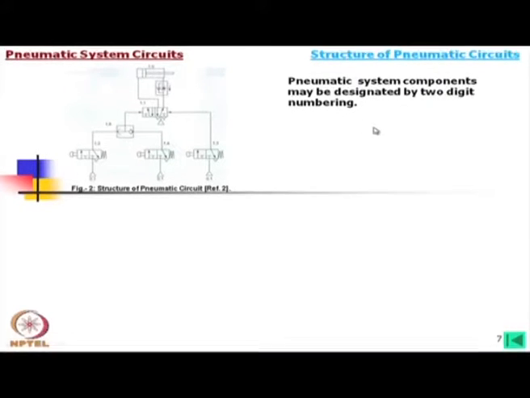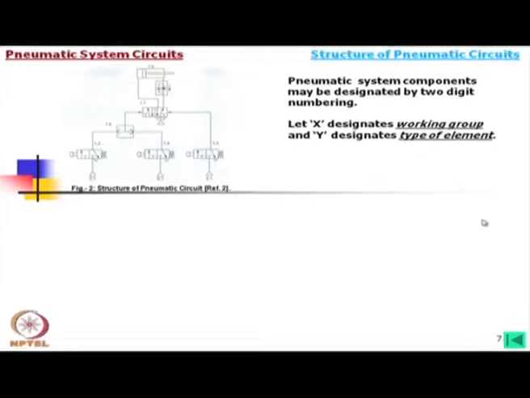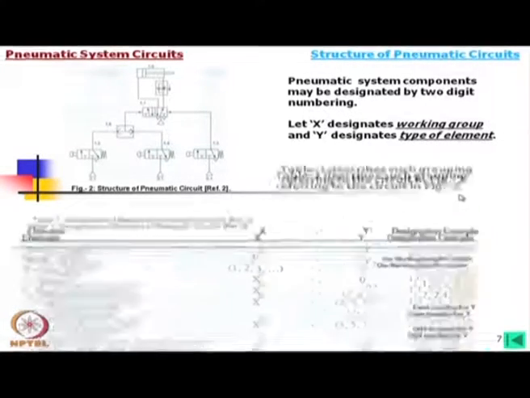Let the first one be x and the second one be y. Then x designates the working group and y designates the type of element.